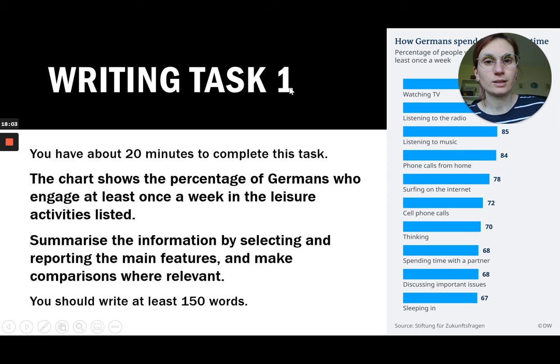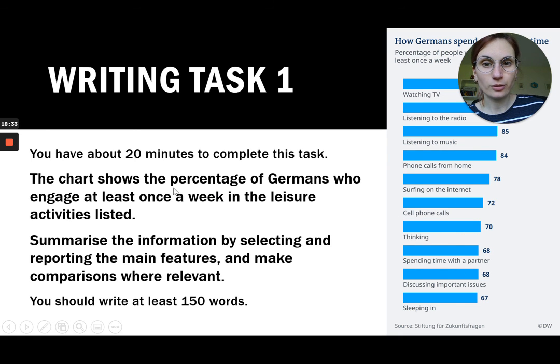You're going to do this writing task 1. It's on the PDF, it's on the lesson description. So make sure that you get it. And you're going to do something very similar to the one that we did in this lesson, so you can follow the same steps. It's the same idea. You have 20 minutes, you have to write 150 words, and it's also in percentages.